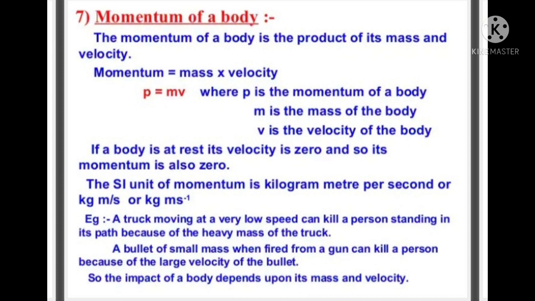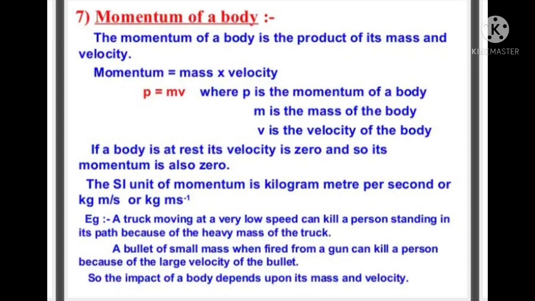Momentum of a body. The momentum of a body is the product of its mass and velocity. Momentum is equal to mass into velocity, p = m v, where p is the momentum of the body, m is the mass of the body, and v is the velocity of the body.